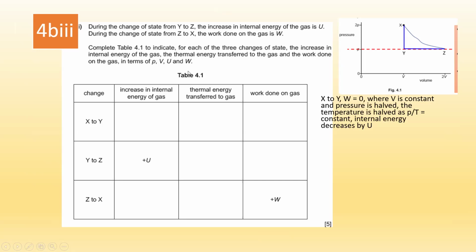Okay, from X to Y, work done is 0, volume is constant, pressure is half, the temperature is half. We use P over T is constant. No? Pressure is half, temperature is half. No? Internal energy decreases.